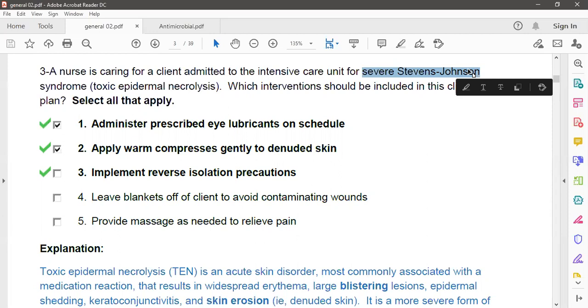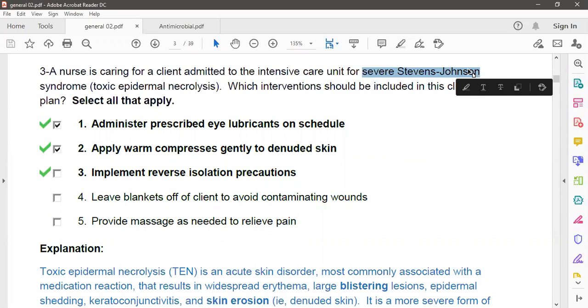What else? What other medications can cause Stevens-Johnson? Medications to treat seizures or mental illness, like anticonvulsants or antipsychotics, have a chance or risk of developing Stevens-Johnson.